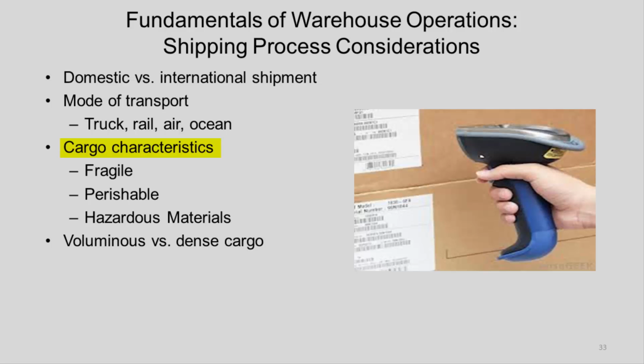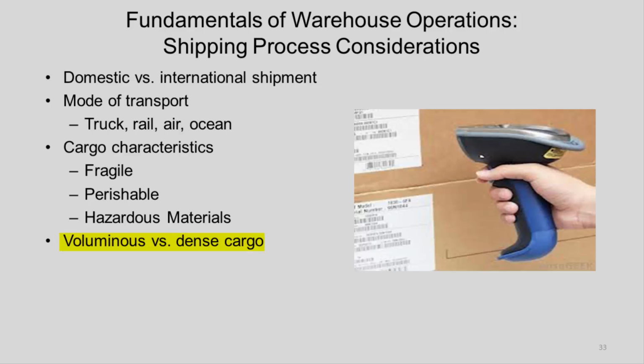And as we said earlier, hazardous materials are an entirely different ballgame, a whole different set of rules and regulations that must be respected from a legal perspective. And then the other, I should say the final consideration, and this ties back to our module on logistics, is: is the cargo itself voluminous or dense cargo?